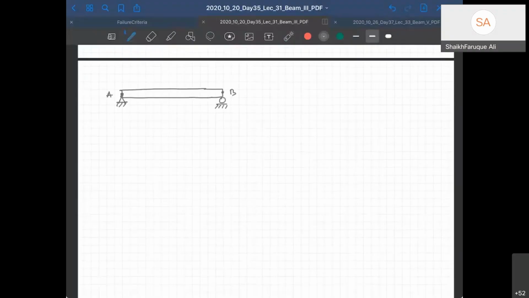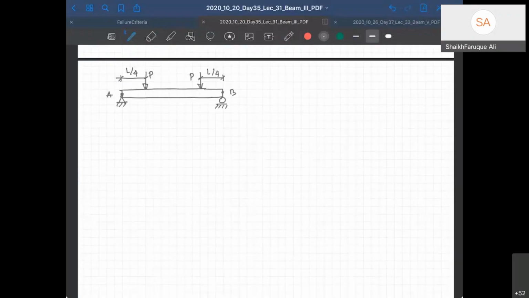And now I have two loads. One is acting here, whose value is P, and another load here, which is also of value P. Let's say this distance is L by 4, and this distance is also L by 4. Now, how are its shear force diagram and bending moment diagram going to look?